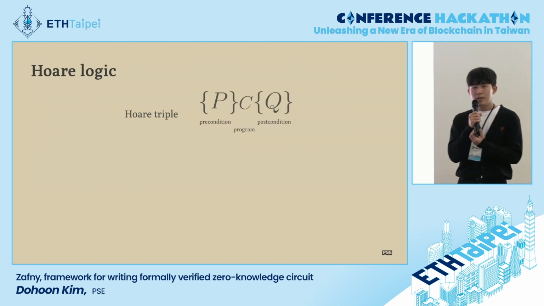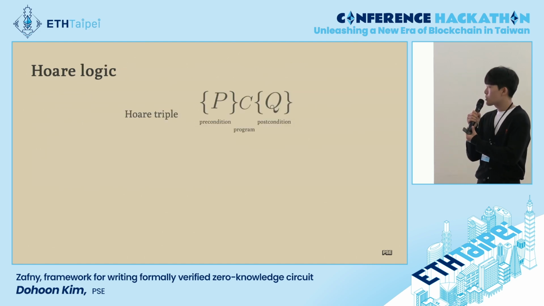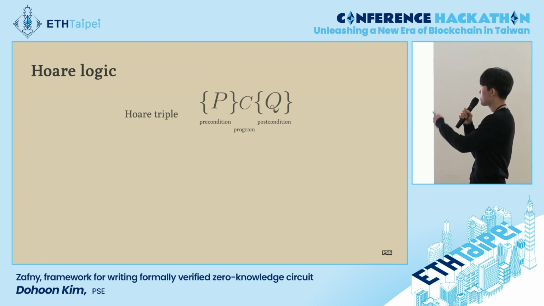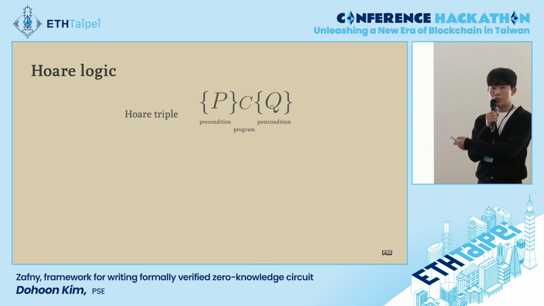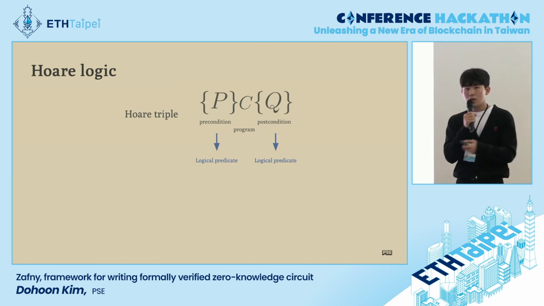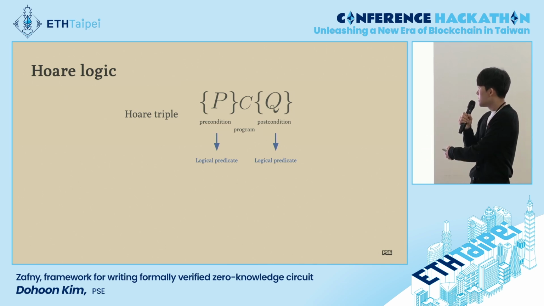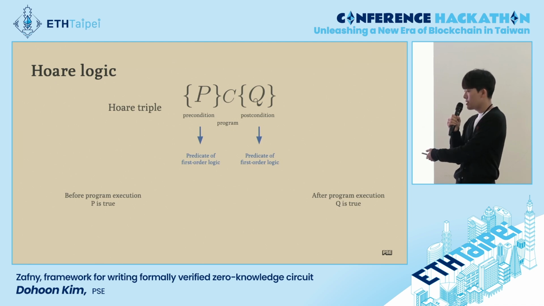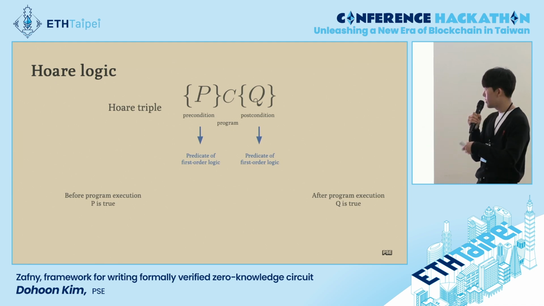Okay, let me briefly explain what Hoare logic is. Hoare logic is essentially based on the Hoare triple. This Hoare triple consists of a precondition, a program, and a postcondition. The precondition and postcondition are just logical predicates, first-order logic statements.